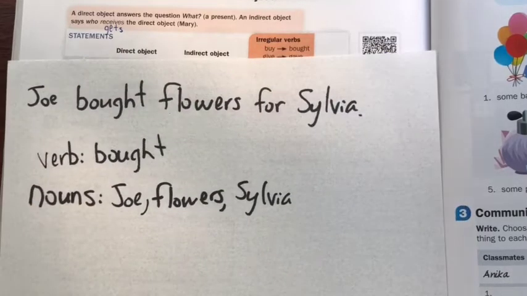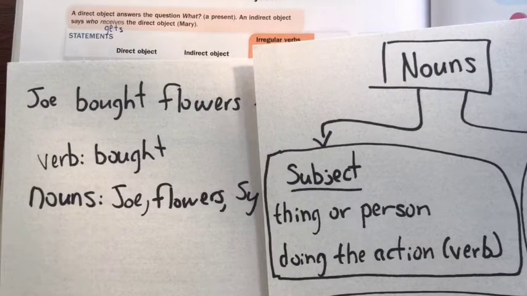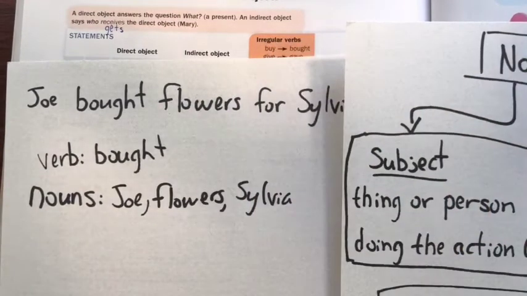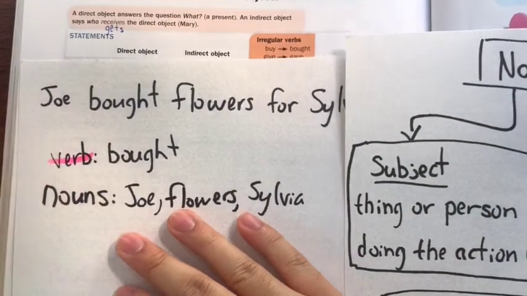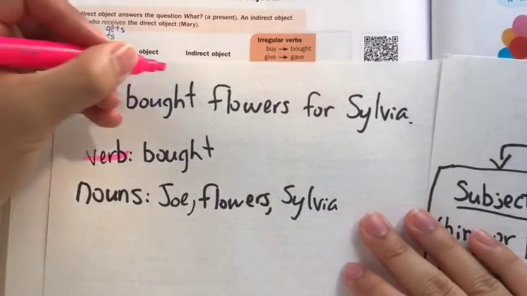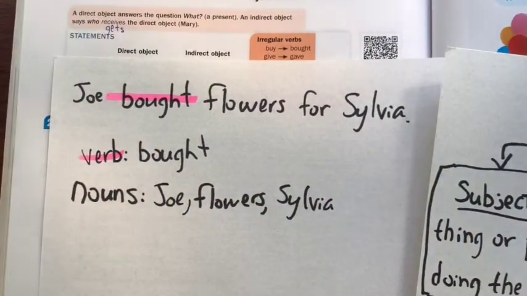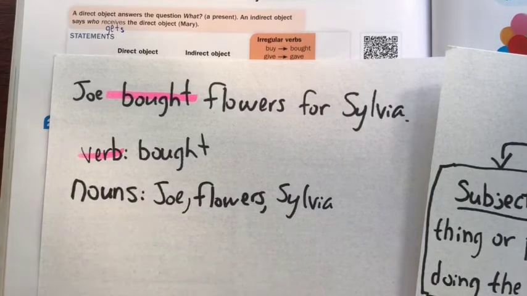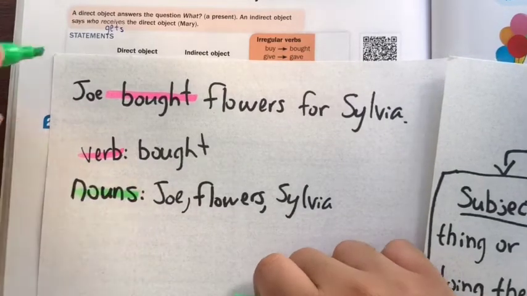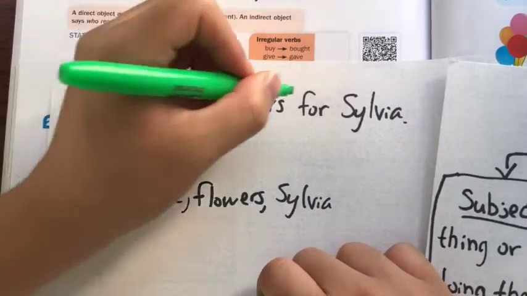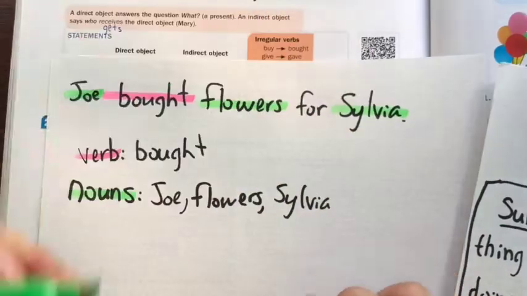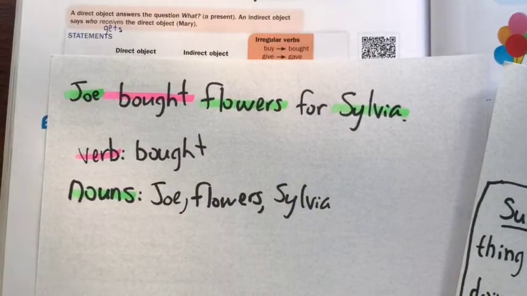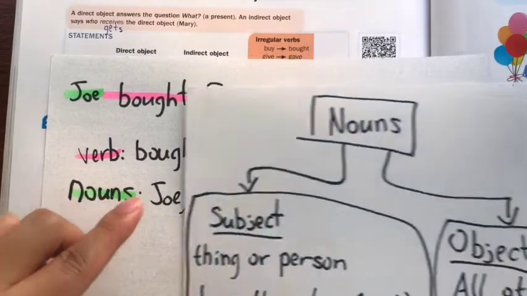Okay, so let me color them. So the verb is bought. The nouns are Joe, flowers, and Sylvia. So let's look at the nouns.